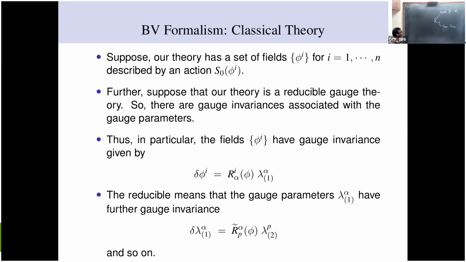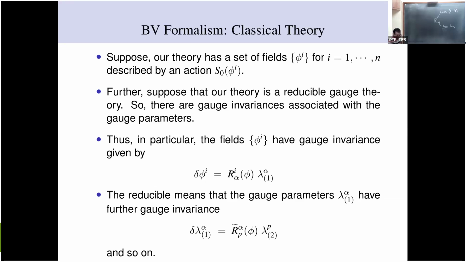Again, let's suppose our theory has a set of fields phi^i described by an action S_0. And for now let's consider a reducible gauge theory, so there are gauge invariances associated with gauge parameters. In particular, this field phi^i has the gauge invariance given by what we have just seen, R^i_alpha lambda^alpha_1.